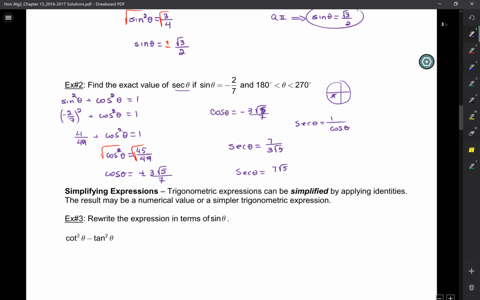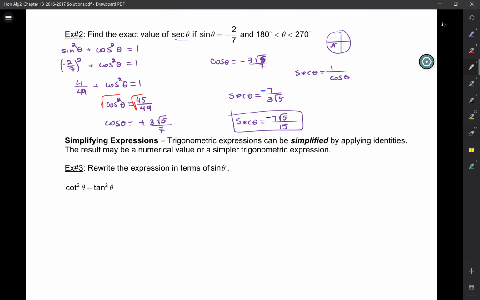So it's basically 49 over 45, right? So it's 7 over 3 root 5, which is 7 root 5 over 15. Oh, and it's negative. Yeah, you have to take the negative.